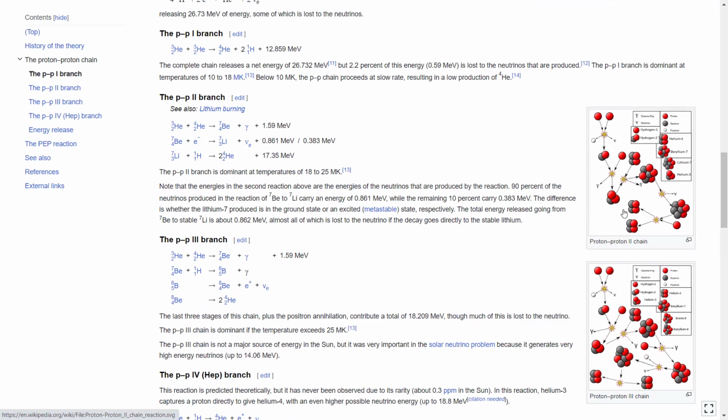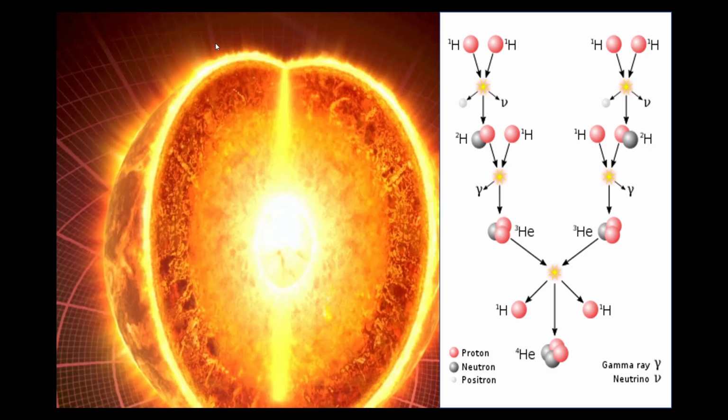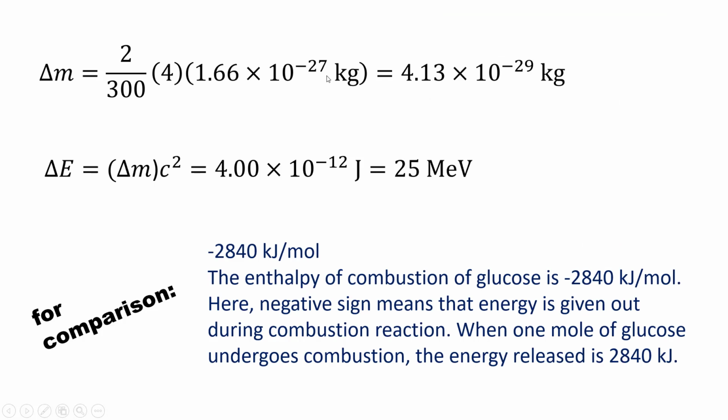So like I said, there's multiple different pathways that have their overall result of fusing 4 protons into helium. Lots to read about if you're interested. What's really meaningful is to compare that energy output to a typical chemical reaction, like the combustion of one molecule of glucose.